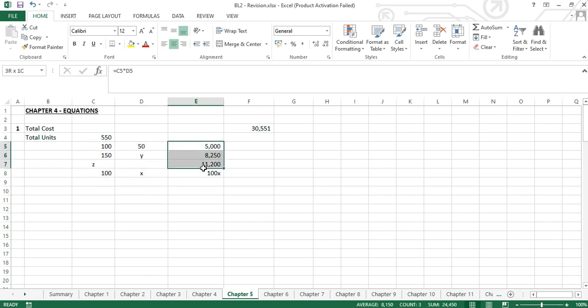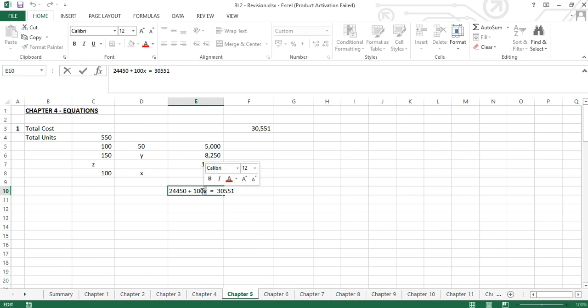Therefore, the addition of these three items is 24,450. So I will write 24,450 plus 100x is equal to 30,551. That's the equation. Now solve for x. If you want to find x, you have to make x the subject. To make x the subject, you must take off all these things to this side.